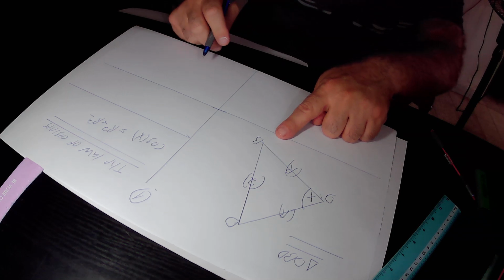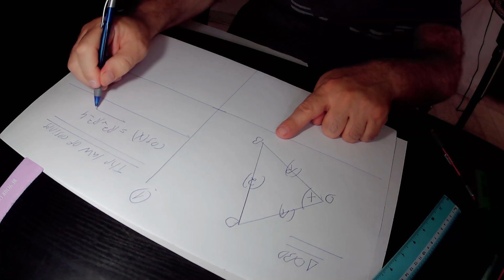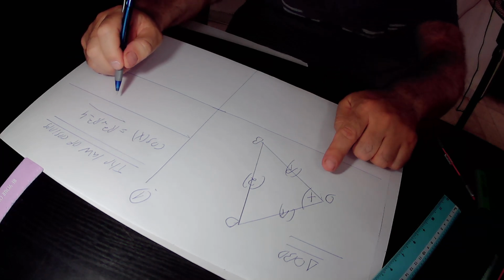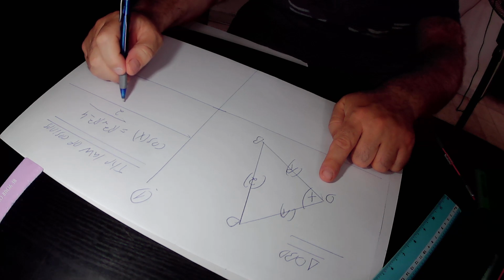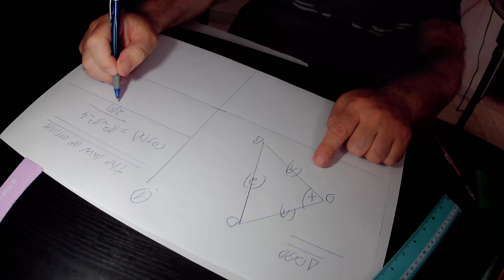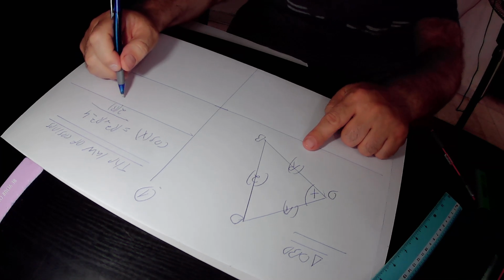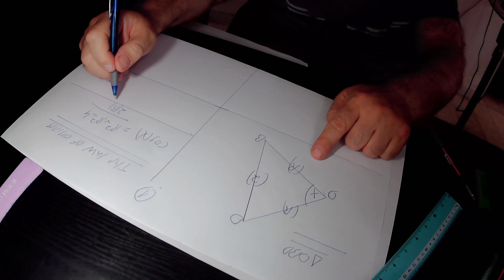DB is 2, therefore DB squared is 4, so it is minus 4. Divided by 2 times A, and A is OD. OD is R, so it is 2 times R times B. B is OB, therefore we substitute OB by R.